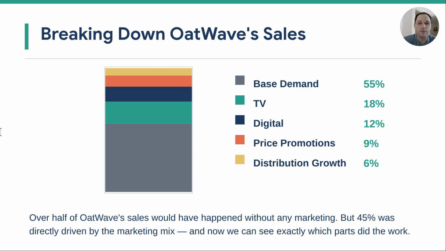Together, that 45% of incremental sales is what the marketing investment produced. Now look at the breakdown. TV was the single biggest marketing driver, nearly double digital. And distribution, while contributing a small percentage of total sales, delivered a strong return relative to what was invested. The picture is already telling Oatwave where to look.